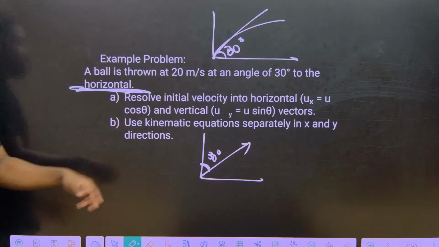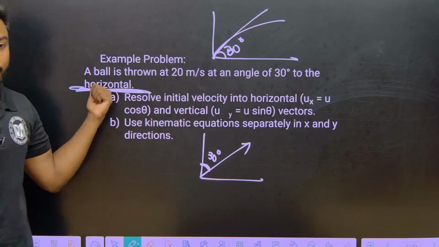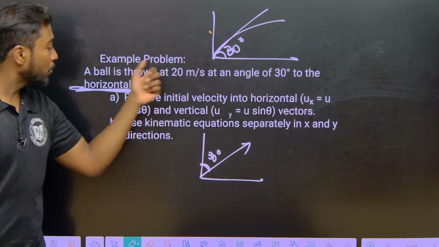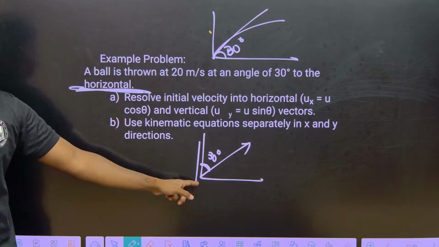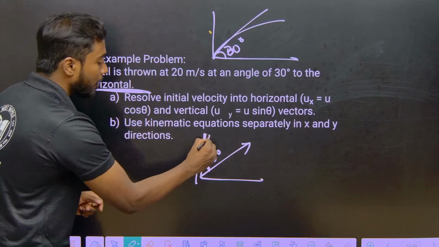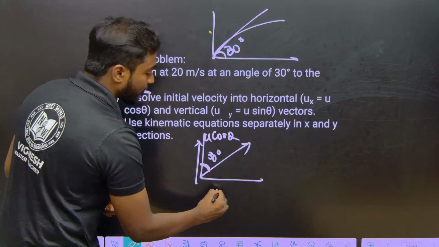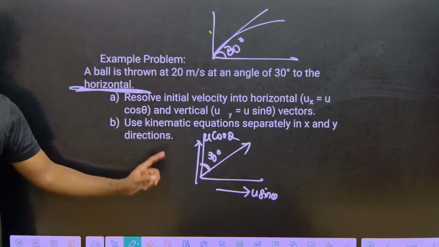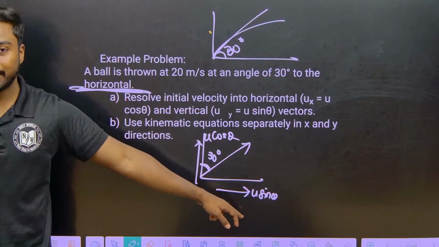The meaning of angle to the horizontal is with respect to horizontal, angle to the vertical is with respect to vertical. In this case, this is my u cos theta and this is my u sin theta, because the angle is closer to the y axis and away from the x axis.